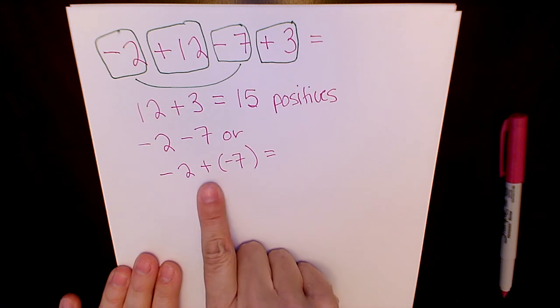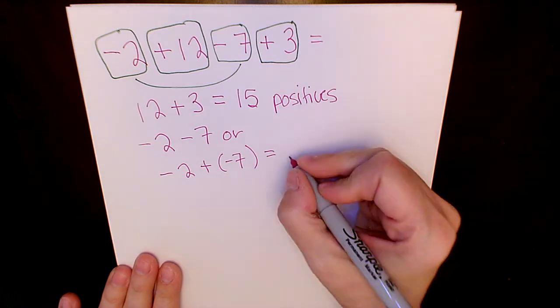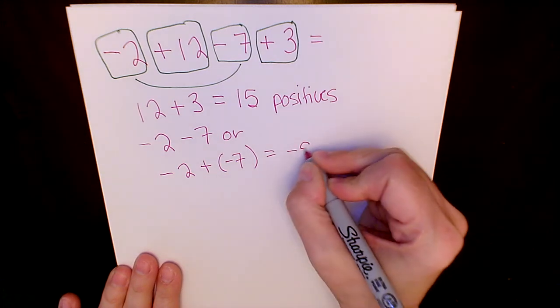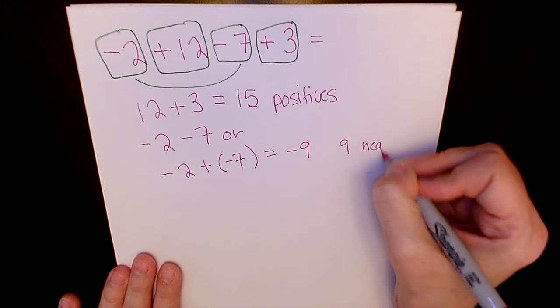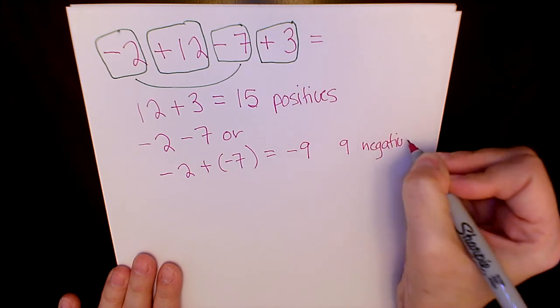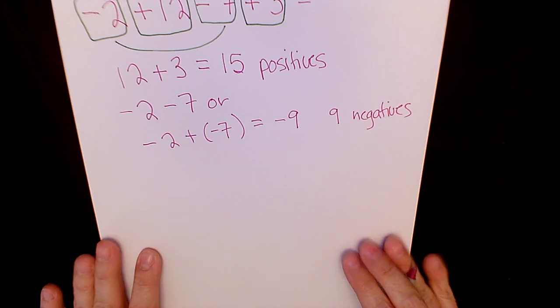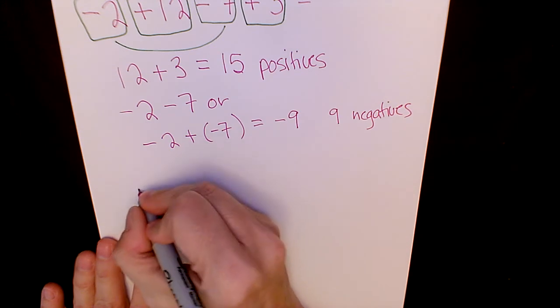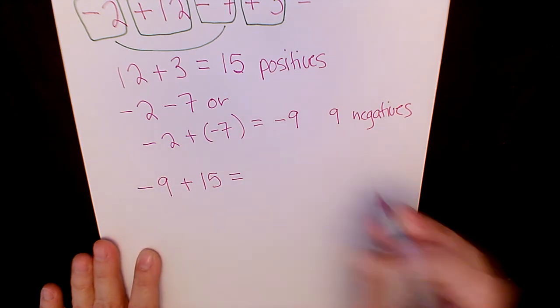So I've got a -2 and a -7, which gives me, I'm just adding 2 and 7 and putting a negative in front. So that gives me -9 or 9 negatives. Okay, so I have got 9 negatives and 15 positives.